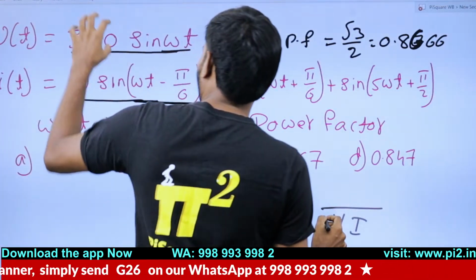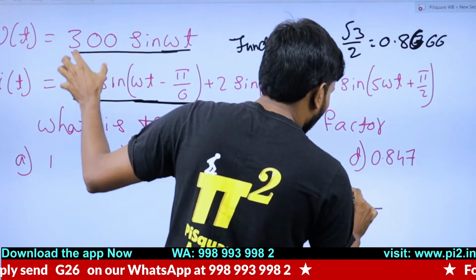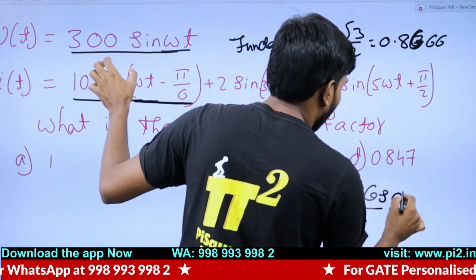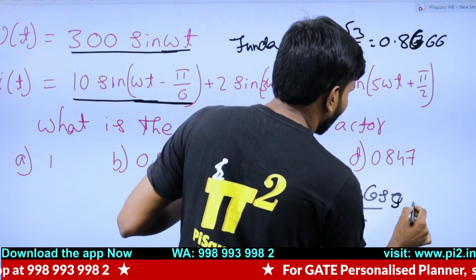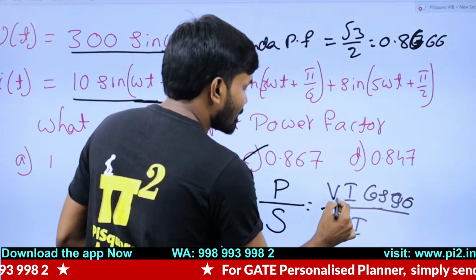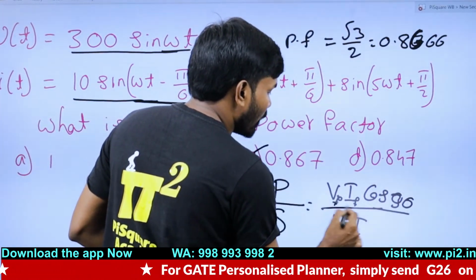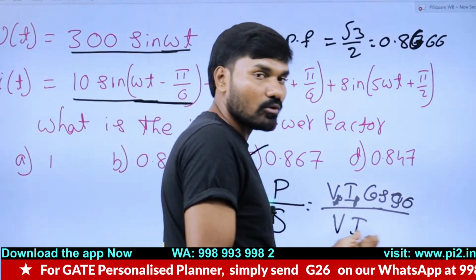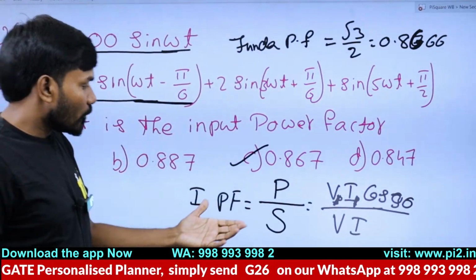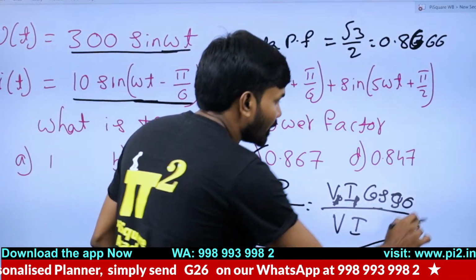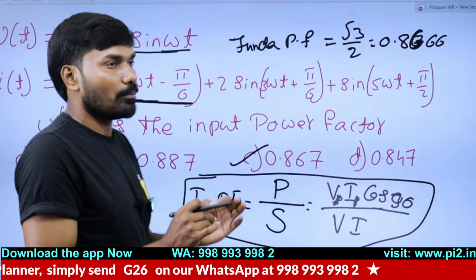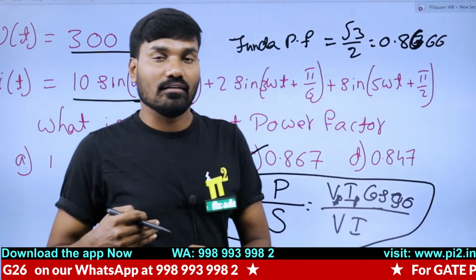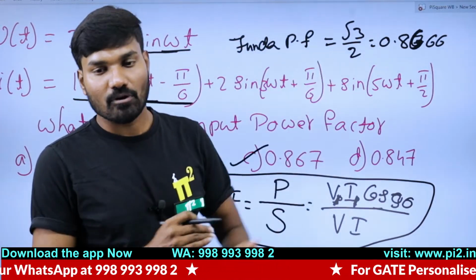In the numerator, it is only the fundamental component RMS values, V1 I1, and cos phi, as in this 30 degrees. These are for the fundamental, and the denominator is for the entire voltage and current. You don't have to do all of these if you just know the basic thing: the input power factor is always less than the fundamental power factor.